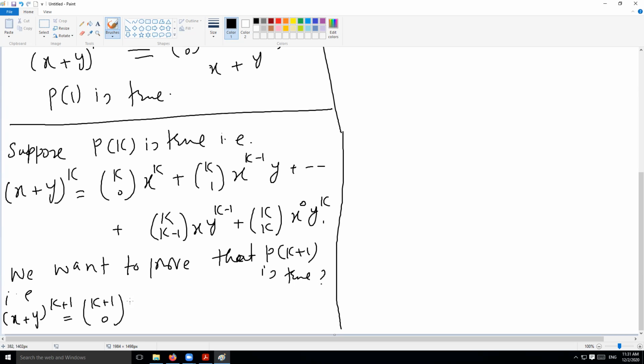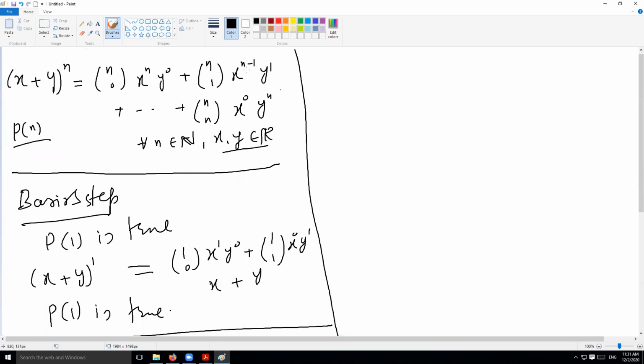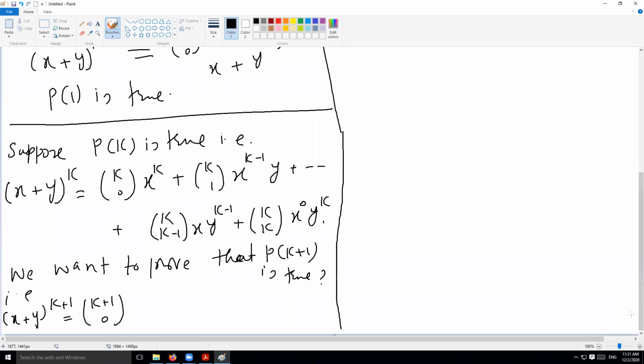Wherever you have n, just replace it by k plus 1. So in this entire expression, replace n by k plus 1. So k plus 1 choose 0 gives you x power k plus 1, and the final term is going to be k plus 1 choose k plus 1, times y power k plus 1. There are going to be several terms in between. So that's what we have to prove. This is something that we don't know yet.